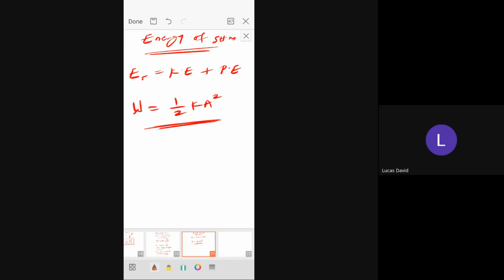Remember that k is simply your force constant. And of course, a is nothing but the amplitude of that body. So if I want to rewrite this equation, I can write it this way: my W, which is the total energy, is going to be the sum of the kinetic energy plus the potential energy.